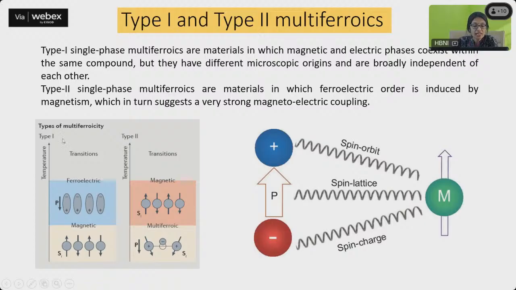So in type 1, both magnetic and electric phases coexist within the same compound, but their microscopic origin is very different and they are independent of each other. In type 2, you get ferroelectric order when you change the magnetic field, or vice versa, and this suggests a very strong magnetoelectric coupling.